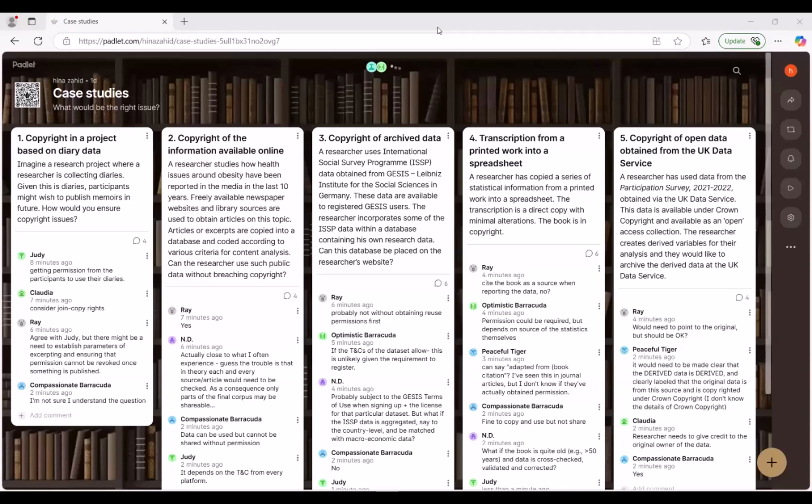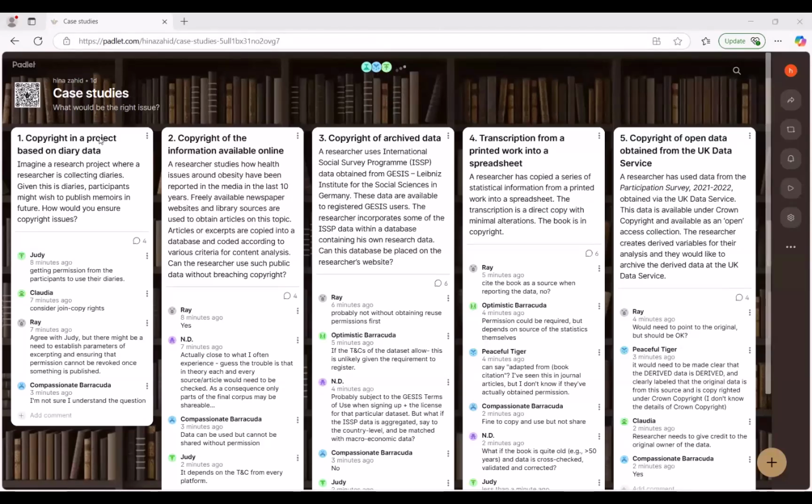It's a qualitative research where some researchers collect diaries from different people, what they write on a day-to-day basis, and they do some research or try to answer a specific research question. And then they wanted to share extracts from those diaries, either in a publication or in a repository, for example, with us.